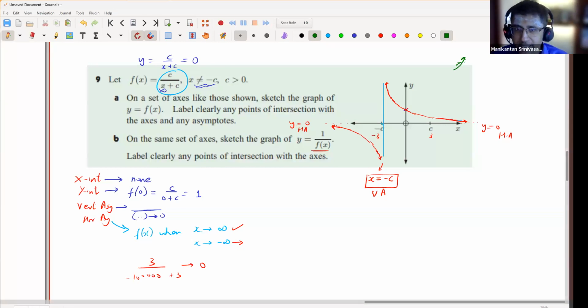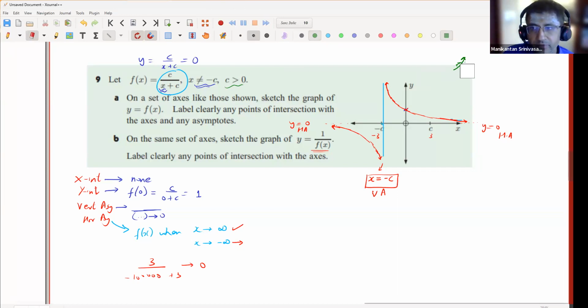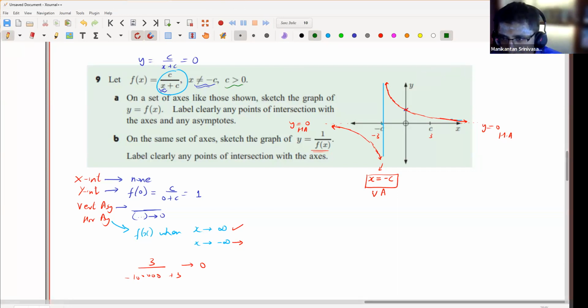And let's pretend C is a number greater than 1. I mean, he didn't say C is greater than 1, so technically C could be half also. But whether it's greater than 1 or less than 1 does not really matter here. What did we say this point was? 0, 1, right?